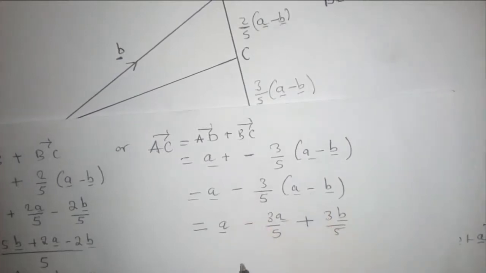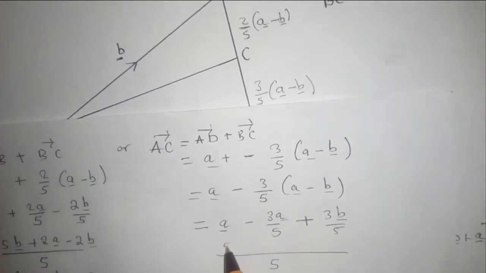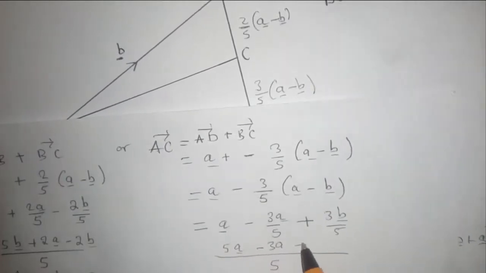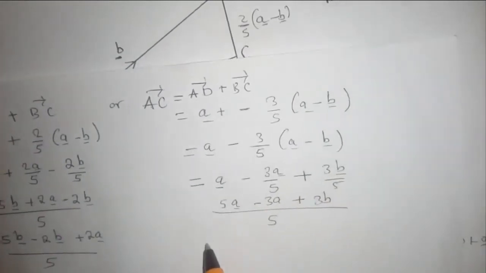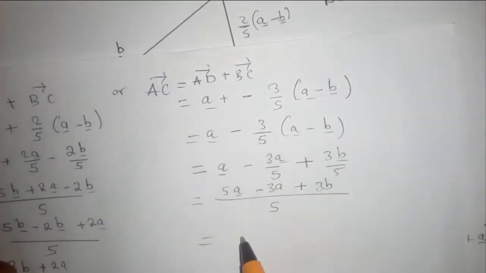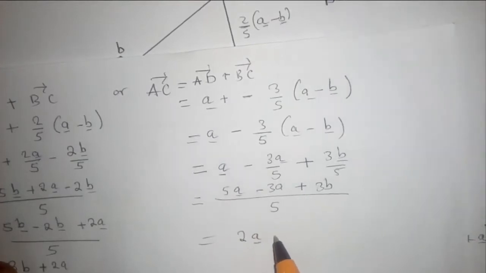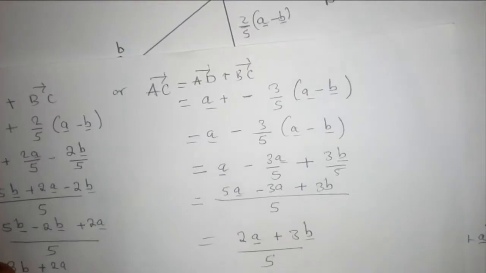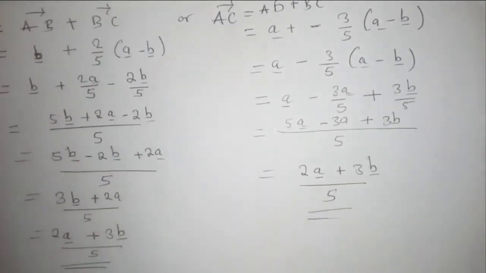This will be positive. So we find the common denominator, which is 5. Here it will be 5a minus 3a plus 3b, okay? So when we clean it up nicely, we have 2a plus 3b over 5. So you see, this and this are just the same.